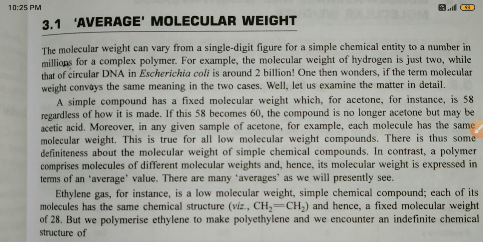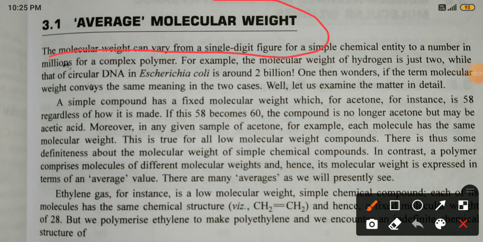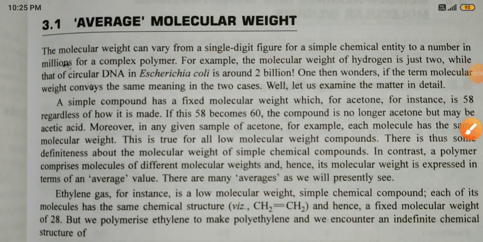Again repeated, for average molecular weight: the molecular weight can vary from a single digit figure for a simple chemical entity to a number in the millions for a complex polymer.